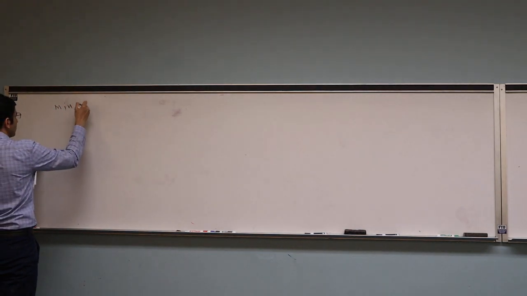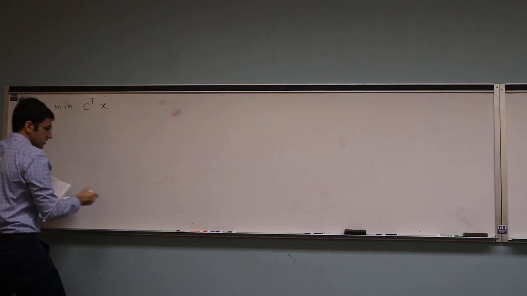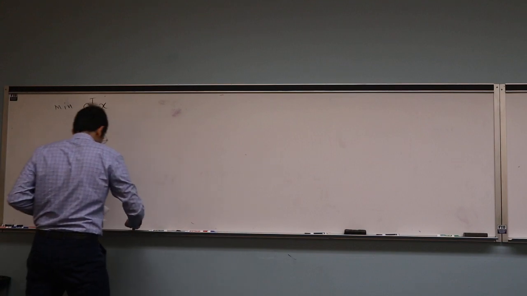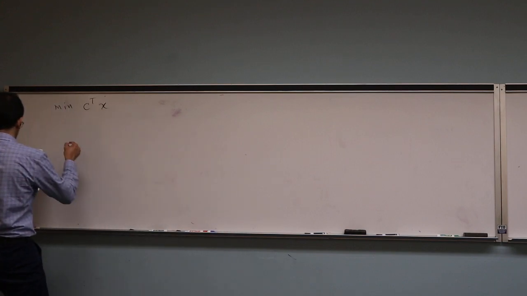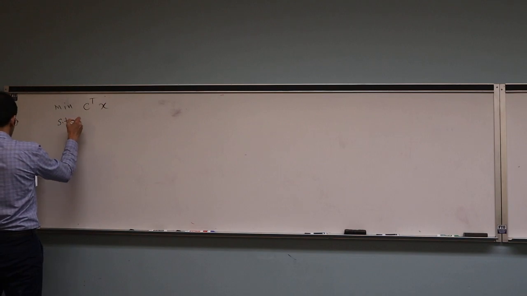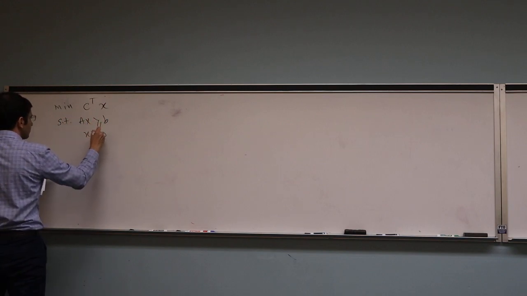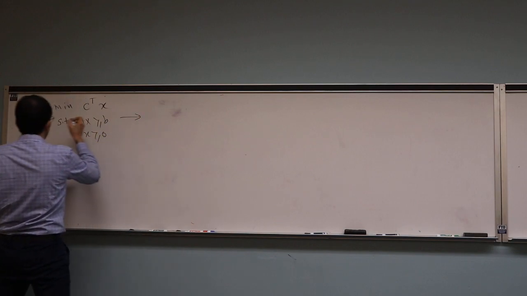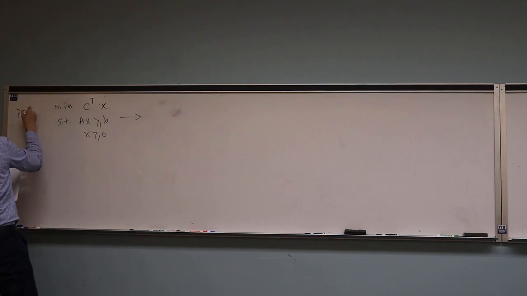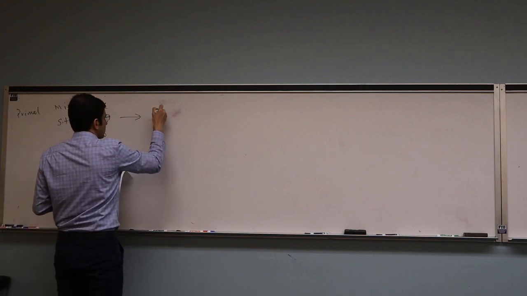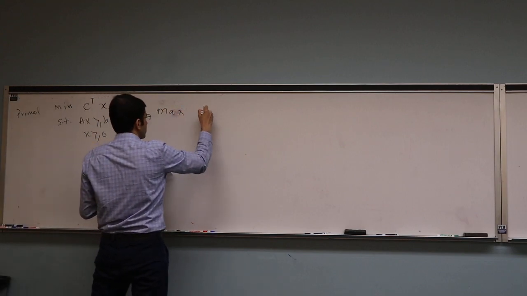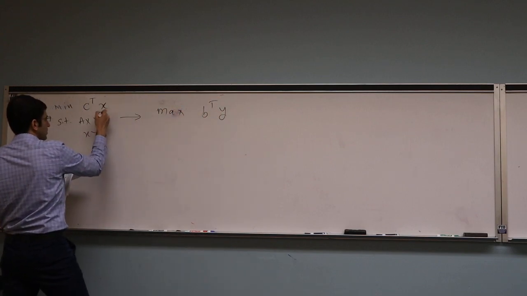So let's say the original problem is minimizing C transpose X subject to AX greater than or equal to B, X positive. So this is our primal. And then the dual problem is maximizing B transpose Y. B comes from here.